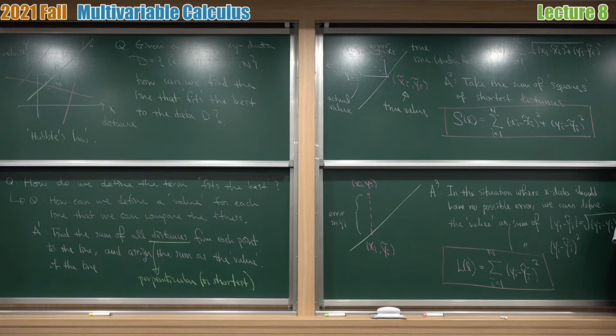But I just mentioned that the method we're going to use involves the derivative. So I would like to try the square sum rather than the distance sum. There is a big difference, depending on the situation of our data, whether we have to take this type of sum or this type of sum.